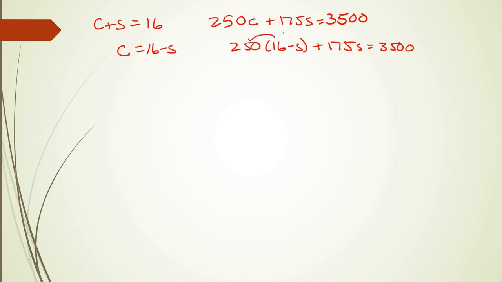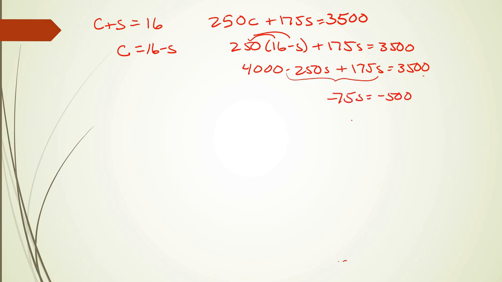Using a calculator and distributing, I get 4,000 minus 250S plus 175S equals 3,500. Combining my like terms and subtracting 4,000, negative 75S equals negative 500. S equals 6.6 repeating.